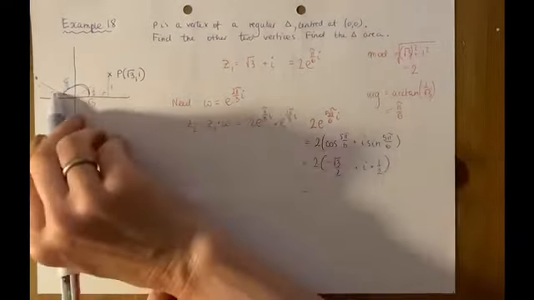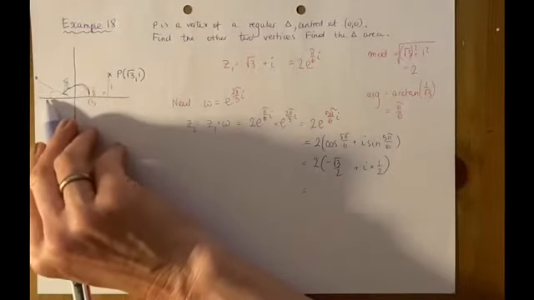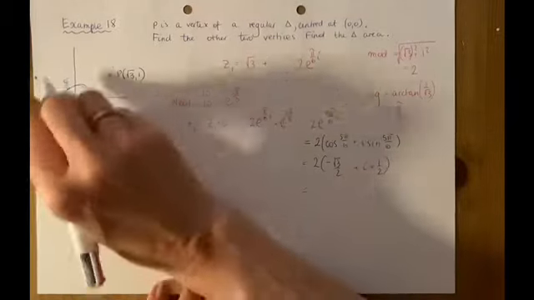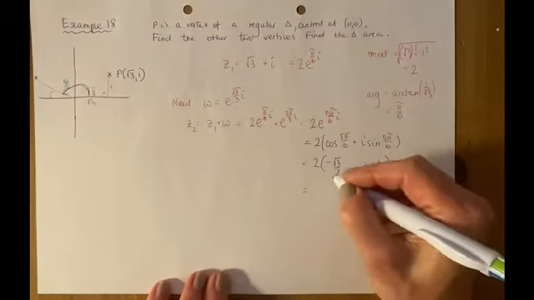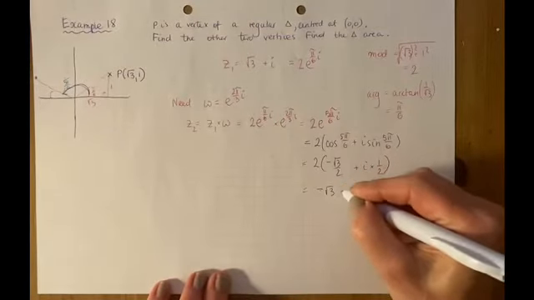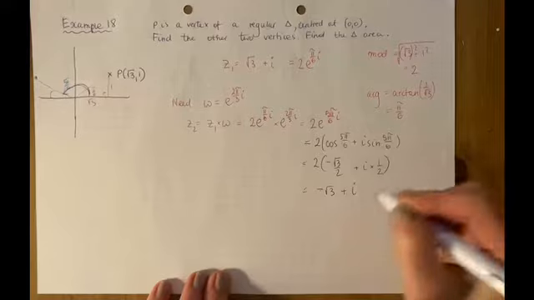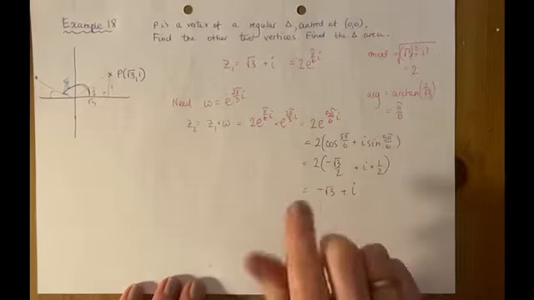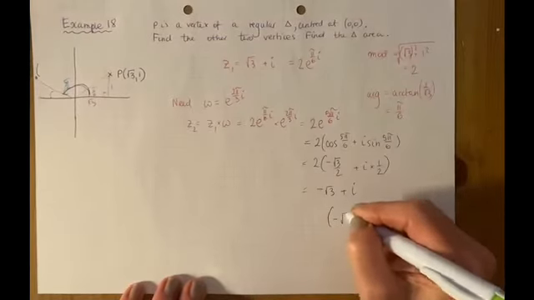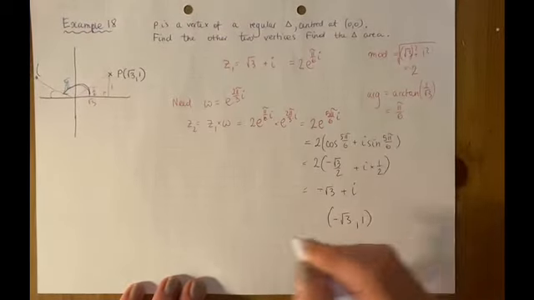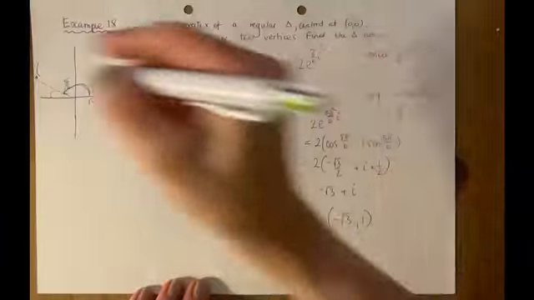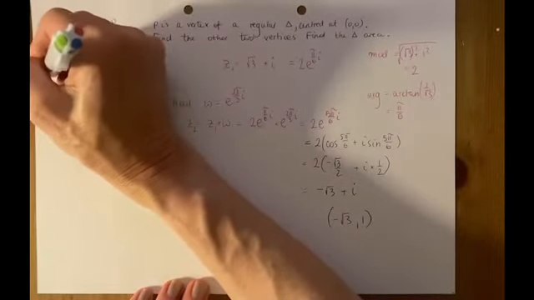But you could have actually worked this out by doing a symmetry here. Let's just see whether it's going to be minus root 3. It is, add 1i. There you go. So this is my second vertex. This is the coordinates. Let's write it in coordinates, because we've been asked to find the vertices. So minus root 3, 1.